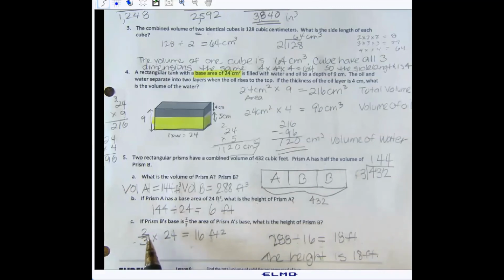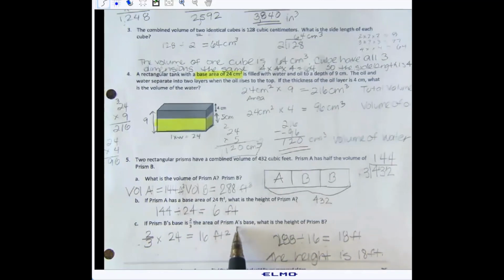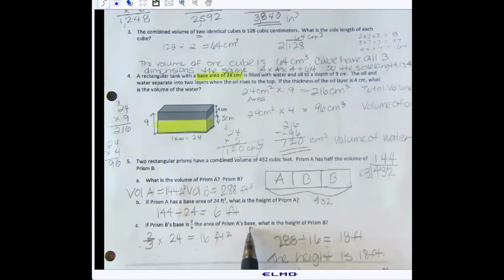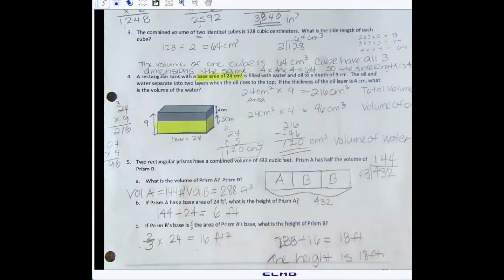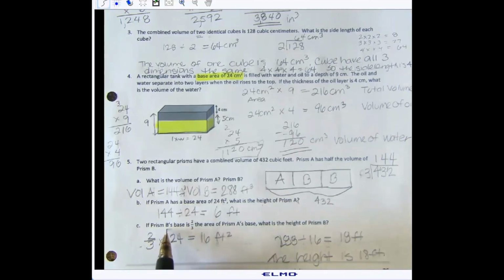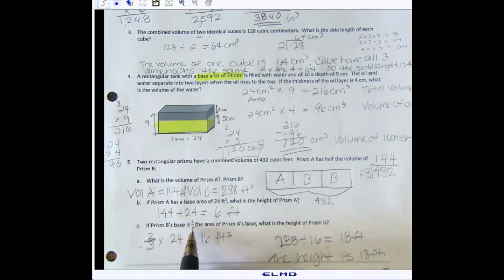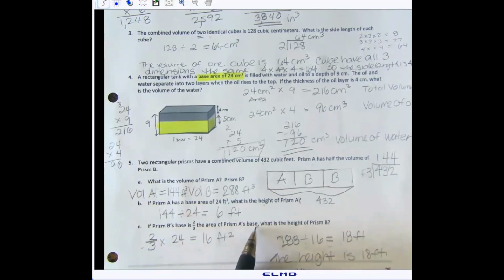Now they're saying prism B's base is 2/3 the area of prism A's base. So this goes back to module 4, where we're taking 2/3 of something. So we're multiplying prism A's base by 2/3 to get prism B's base, because prism B's base is 2/3 of the area of prism A's base.